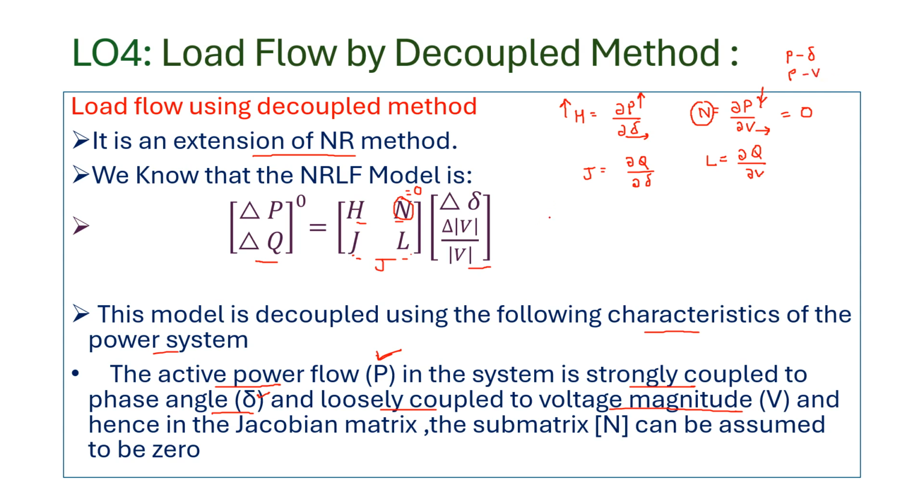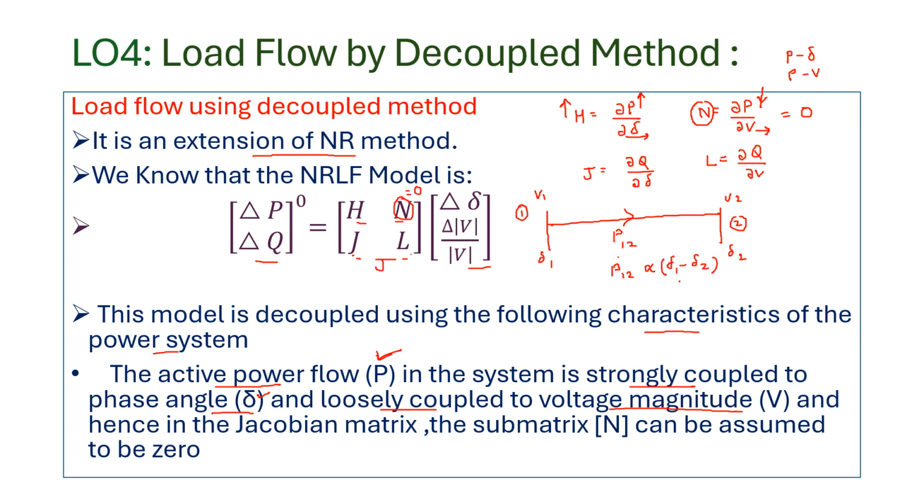Let us understand this with transmission line power flow. Suppose this is bus number 1. We have a voltage V1 and a phase angle delta 1. Let this be the second bus, with voltage V2 and phase angle delta 2. And let this be the active power flow P12 from 1 to 2. Now this active power P12 is strongly related to delta 1 minus delta 2.